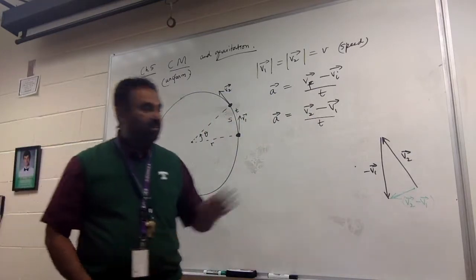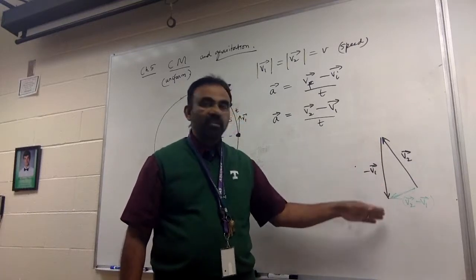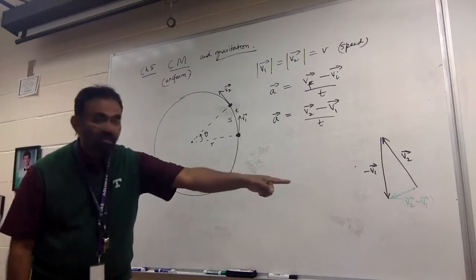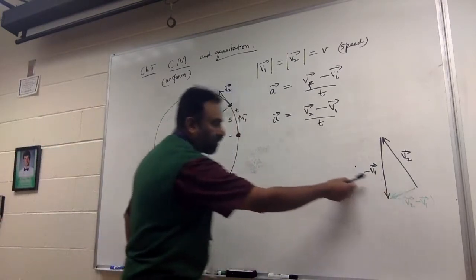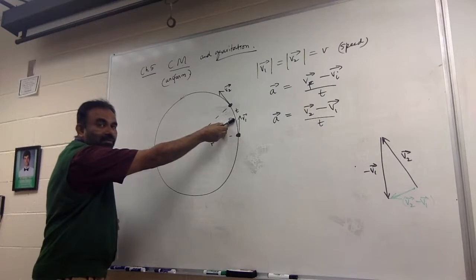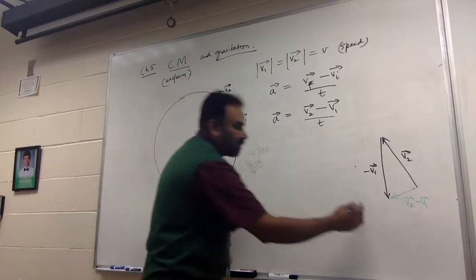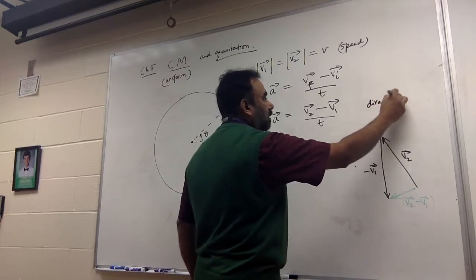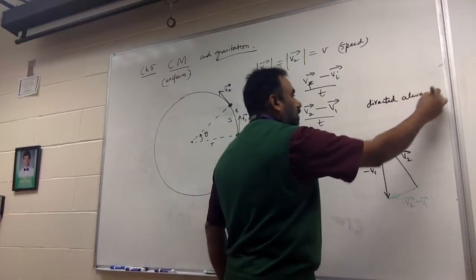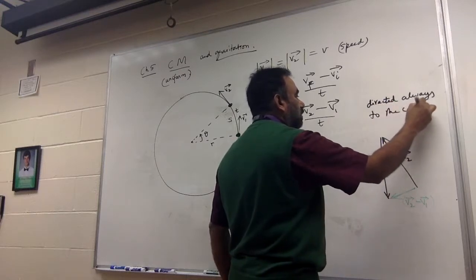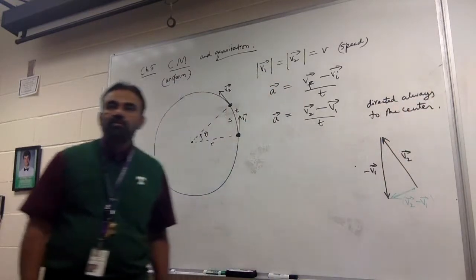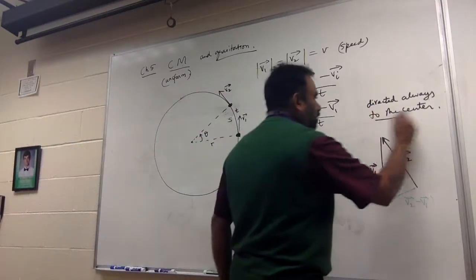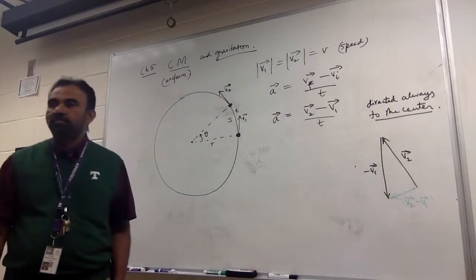So if v2 is directed like this and v1 is directed like this, which way is v2 minus v1 directed? Look at the direction. To the center. So acceleration is always directed to the center. Very important concept. It's always directed towards the center.